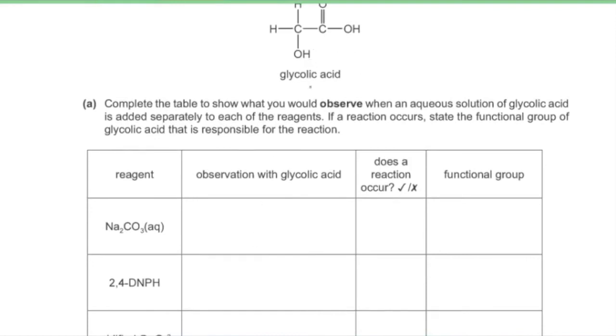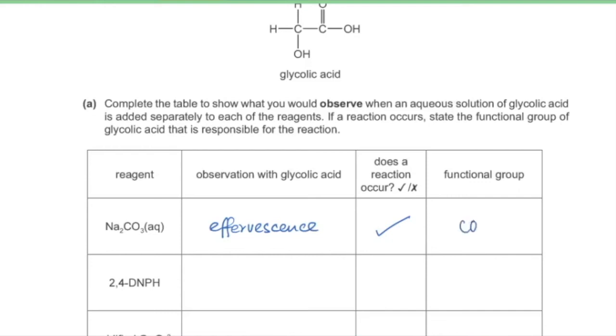So this glycolic acid has a functional group COOH with which this Na2CO3 will react. So we will have a reaction occurring over here. The observation with glycolic acid would be that effervescence will be seen, because when an acid group reacts with a metal carbonate, carbon dioxide is evolved.